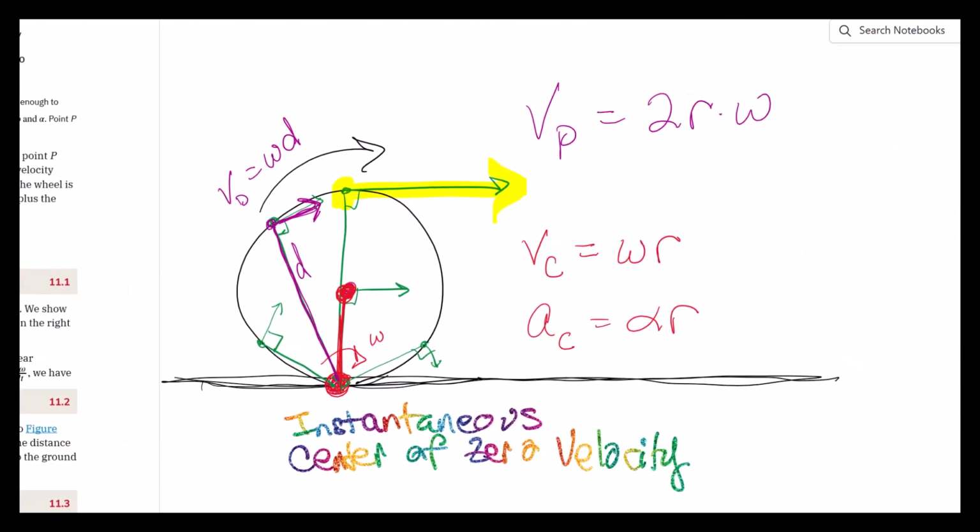also the distance that the center goes is theta r.